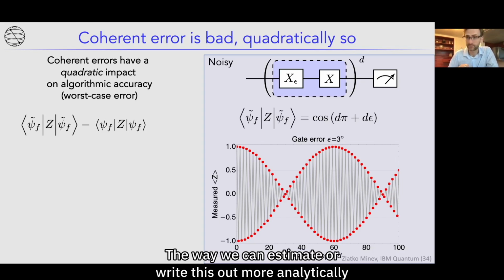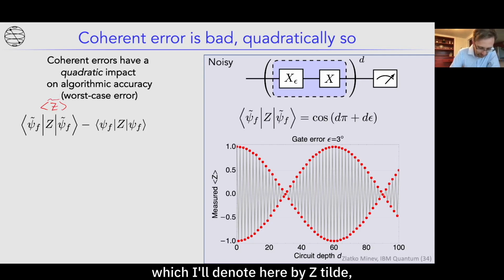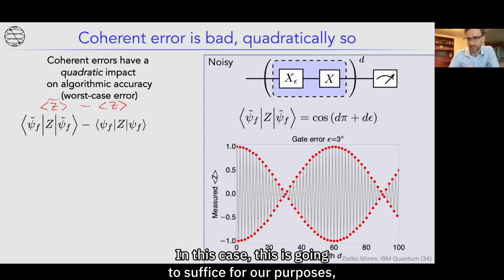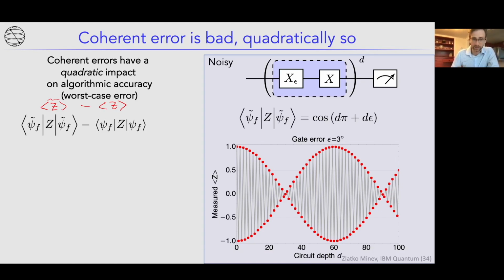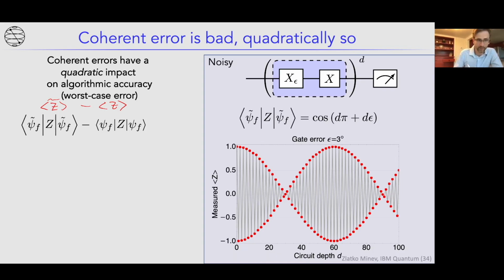The way we can estimate or write this out more analytically is to take the noisy expectation value of z, which I'll denote here by z tilde, and just subtract from it the ideal expectation value. In this case, this is going to suffice for our purposes. So let's plug these in and see what happens.